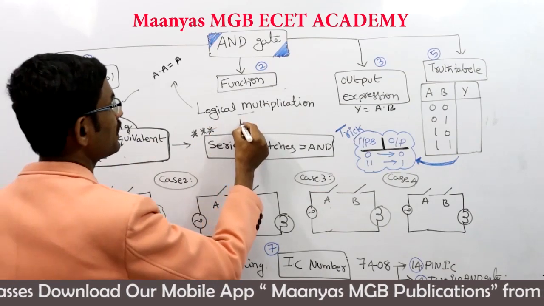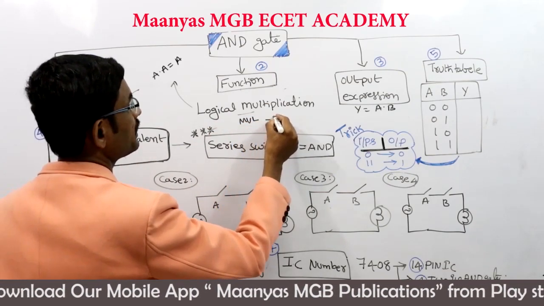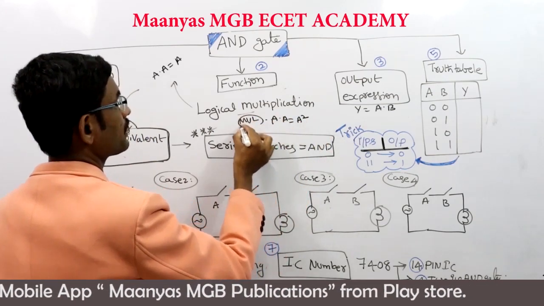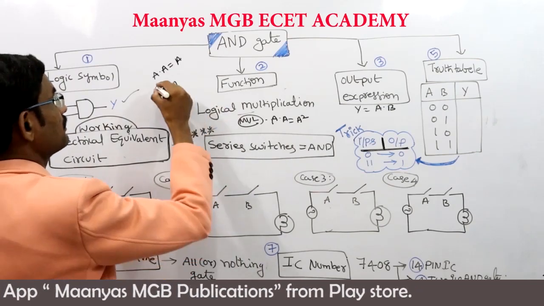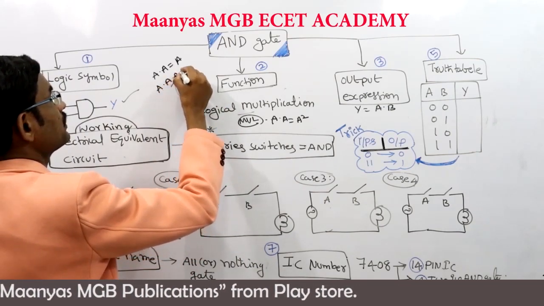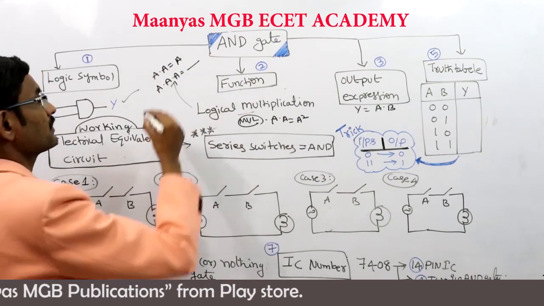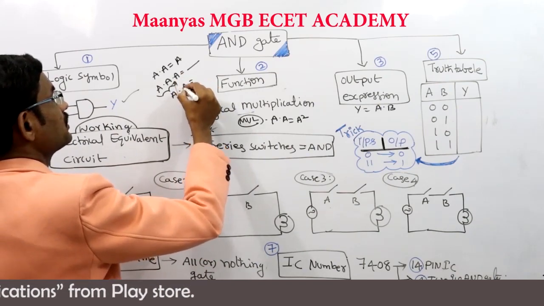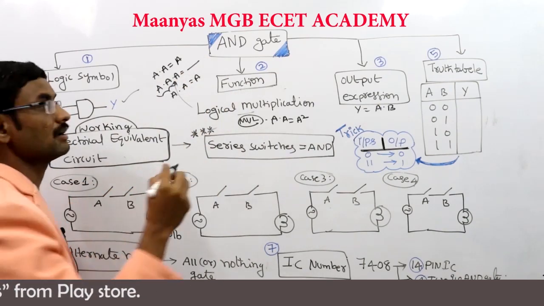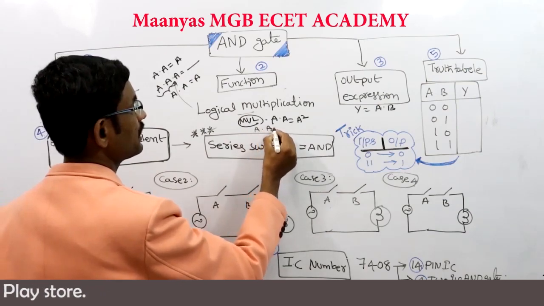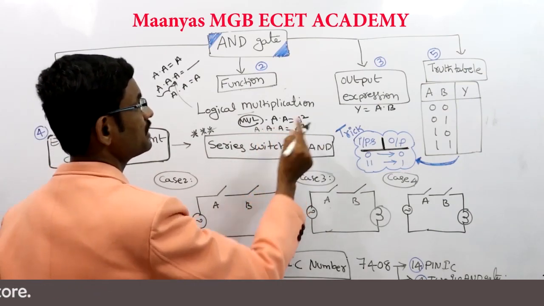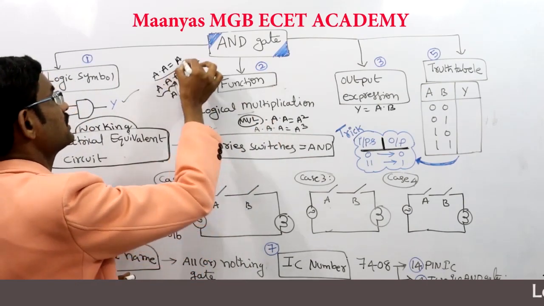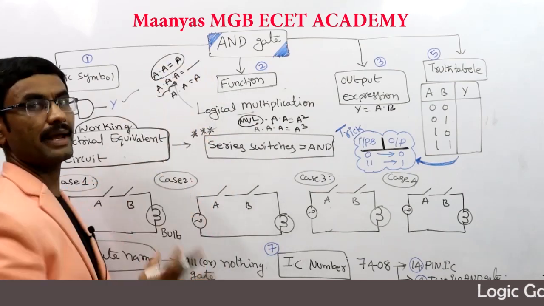Whereas in ordinary multiplication, anything into anything is equal to anything squared. Again, in logical multiplication, anything into anything is equal to anything, whereas in ordinary multiplication, anything into anything is equal to anything cubed. Remember, in logical multiplication, anything into anything is equal to anything.